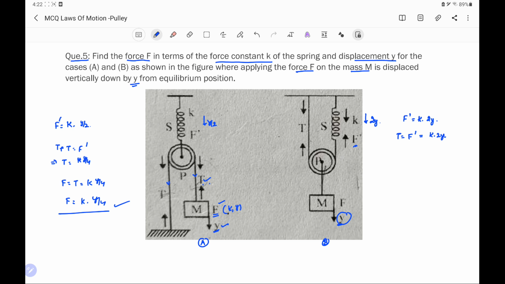And this force F will be equal to the tension T plus F dash, and tension and F dash are the same, so we can write it as 2 F dash, or we can write it as K into 4Y. So in case A, the force is K into Y by 4, while in case B, the force is K into 4Y. This is the answer.